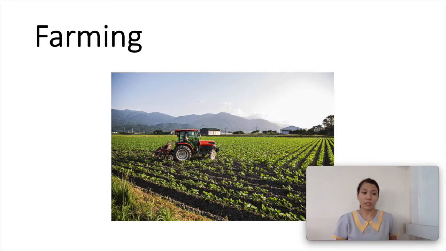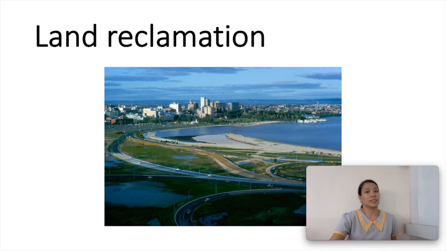Trees and forests are cut down to make more space for our crops. That's the advantage of farming, but the disadvantage is we need to cut down trees in order to make space for our crops. Another thing is land reclamation.